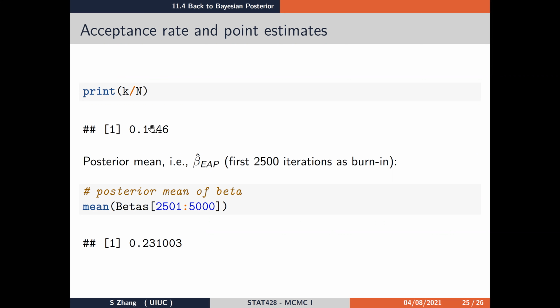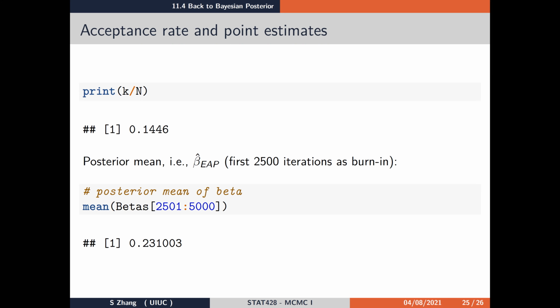In addition to looking at this, let's also look at the posterior mean. You might remember this from last week. This is called the EAP. So the posterior mean of beta, which we denote by beta hat EAP, is an estimator for the true parameter beta based on the posterior distribution.